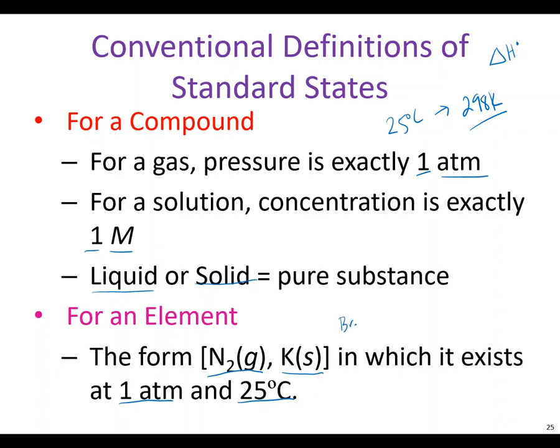So don't forget that bromine and mercury are the weird ones that are always liquids. Everything else besides your noble gases and your normal diatomic gases should all be solids. And that's at 25 degrees Celsius and 1 atmosphere, when these elements will be in their standard state condition.